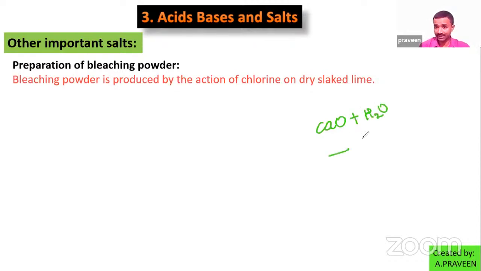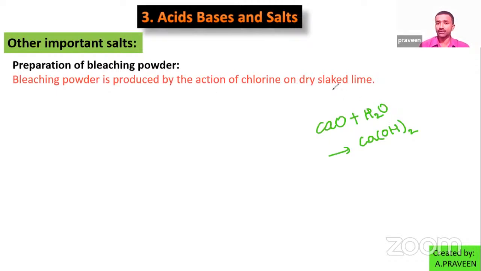When you dry it, you call this dry slaked lime. So here we are supplying chlorine gas onto the dry slaked lime. Bleaching powder is produced by the action of chlorine gas on dry slaked lime.